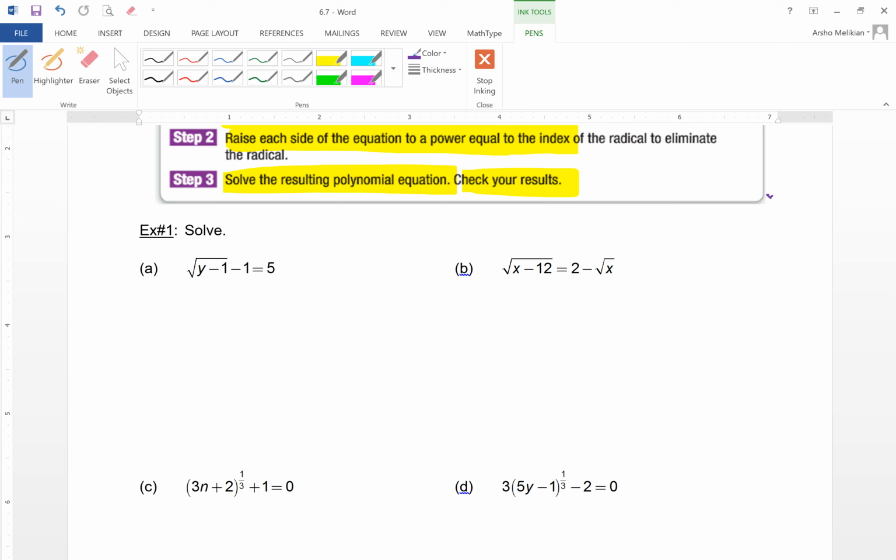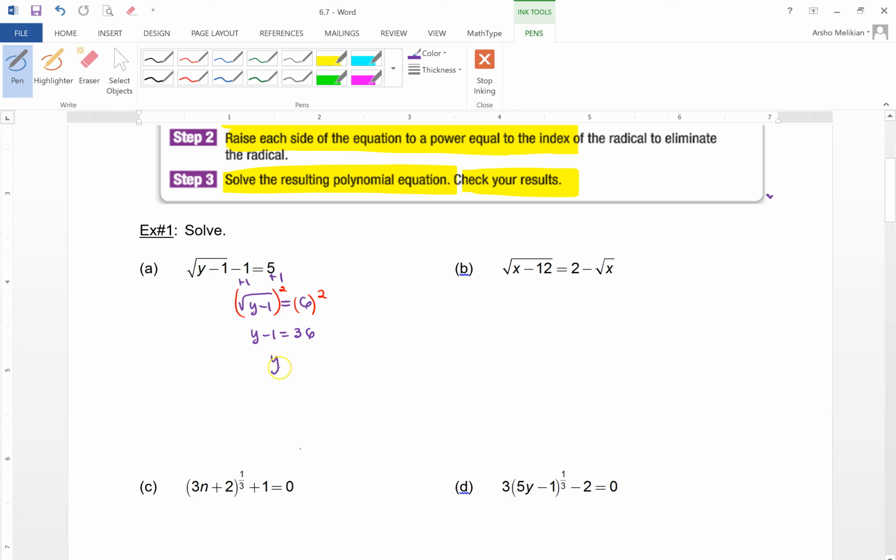All right, so for the first one, we want to isolate the radical here. When we do that, we add 1 to both sides, and I get the square root of y minus 1 is equal to 6. I square both sides, and that'll be y minus 1 is equal to 36.